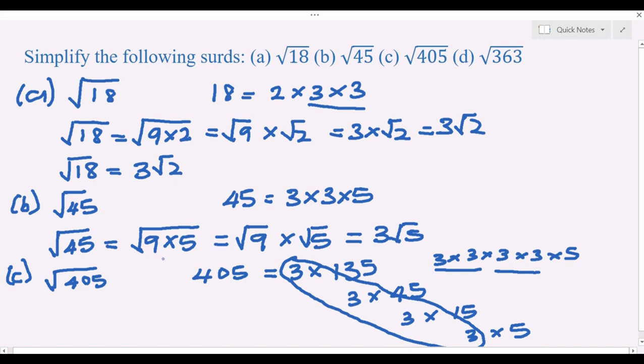So the square root of 405 will give us the square root of 81 times 5, which is equal to the square root of 81 times the square root of 5, and this will give us 9 root 5.